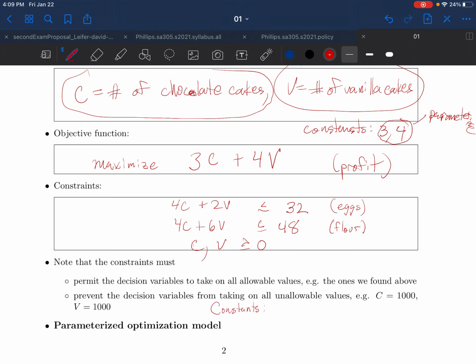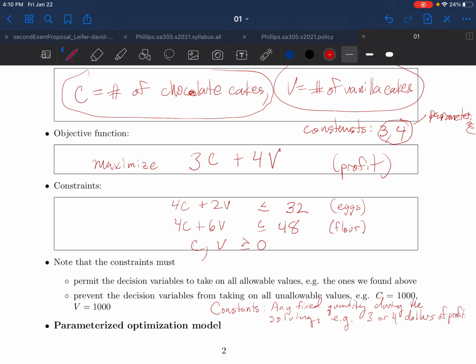And remember, those would be any fixed quantity during the solution, during the solving of the model. Okay, so in this model, the $3 or $4 of profit, that would be considered a constant.